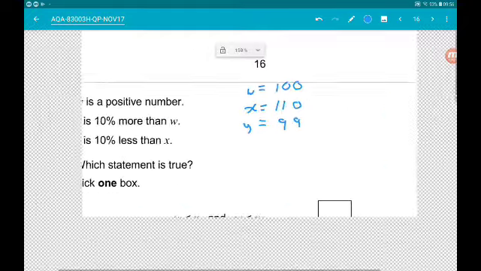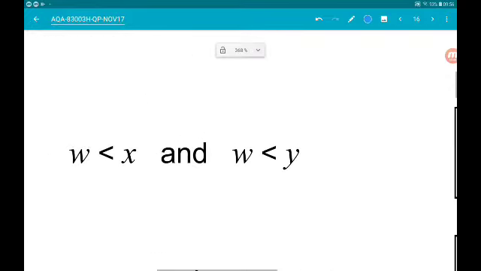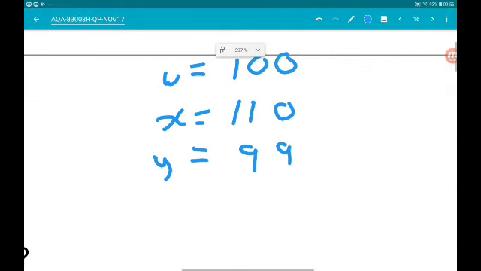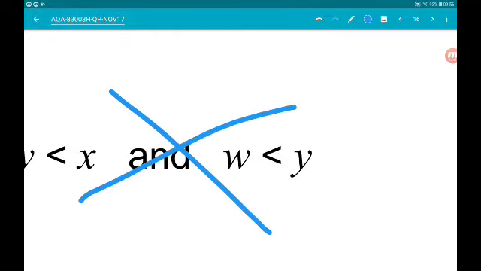So let's see what these statements are saying. Sure, is X greater than W? Yes. And W is less than Y? No, that's not true. So it's not that one.